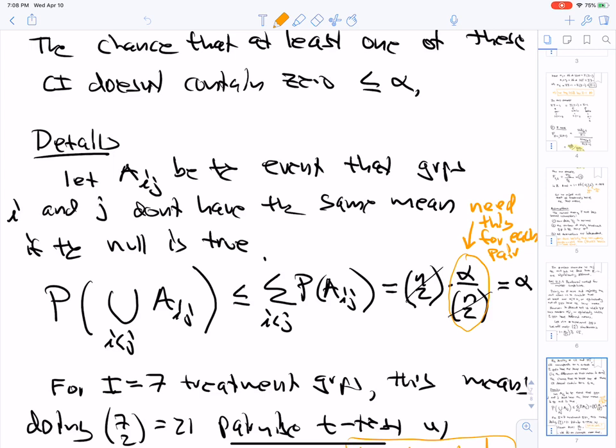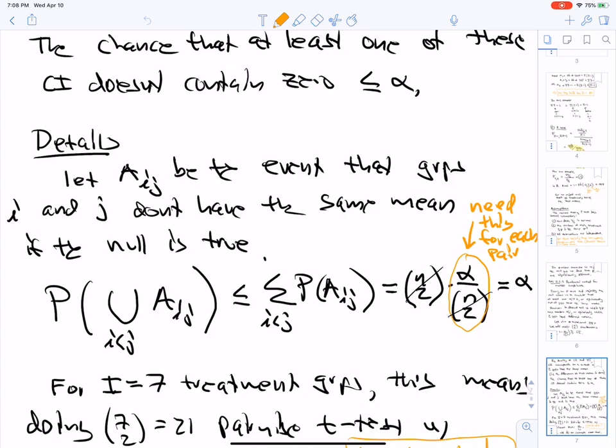And assuming the null is true, the error in this probability, we need to control it to be less than or equal to alpha. Like I said, we're performing many pairwise t-tests, and so we're going to have to make it harder to reject each t-test.